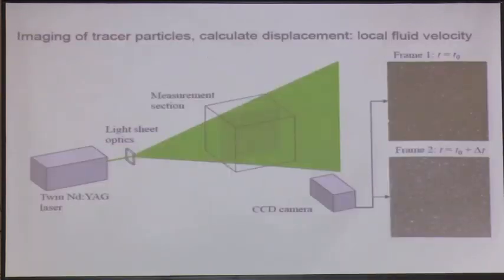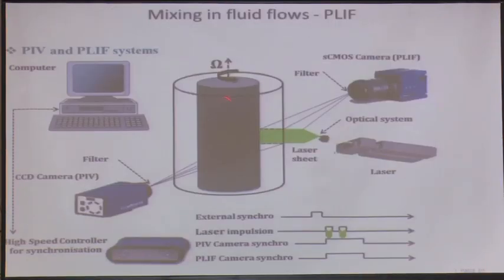Okay, so now I'm going to talk about mixing. I want to know what the efficiency of a system to mix is. So for example, if you inject dye into turbulence, you want to know how the dye is going to be mixed within your process. So there is a technique which is called PLIF, planar laser induced fluorescence.